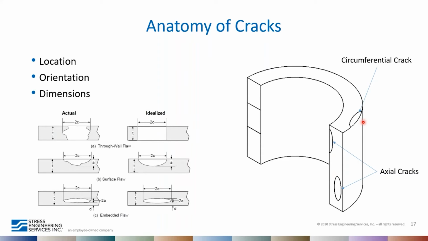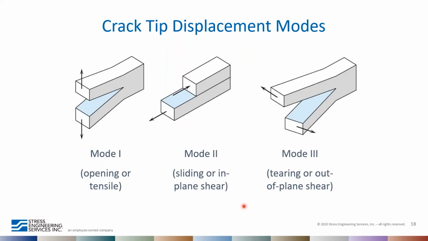And finally, we talk about the dimensions of the crack. In general, the length of the crack is captured with the dimension 2C, and the depth is captured by A. And again, with embedded cracks, you might have a ligament on the surface that helps you determine how far away the crack is from the surface.